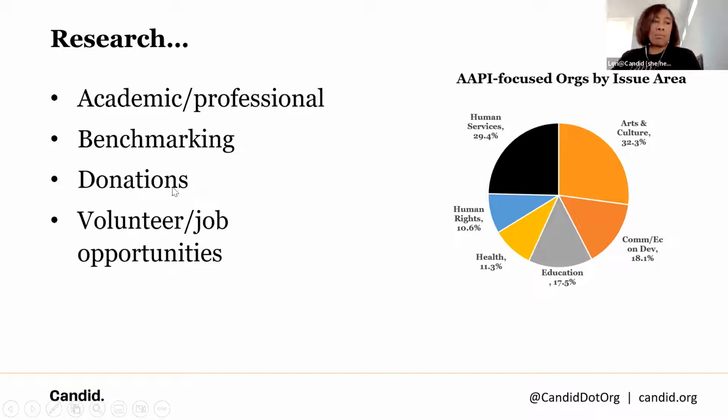And then primarily things like donations. If someone is looking for what charities are in my neighborhood that focus on animals or something like that, you can do that research in Guidestar. You can narrow it down to your particular community. Maybe someone is looking for volunteer or job opportunities with a particular type of nonprofit.